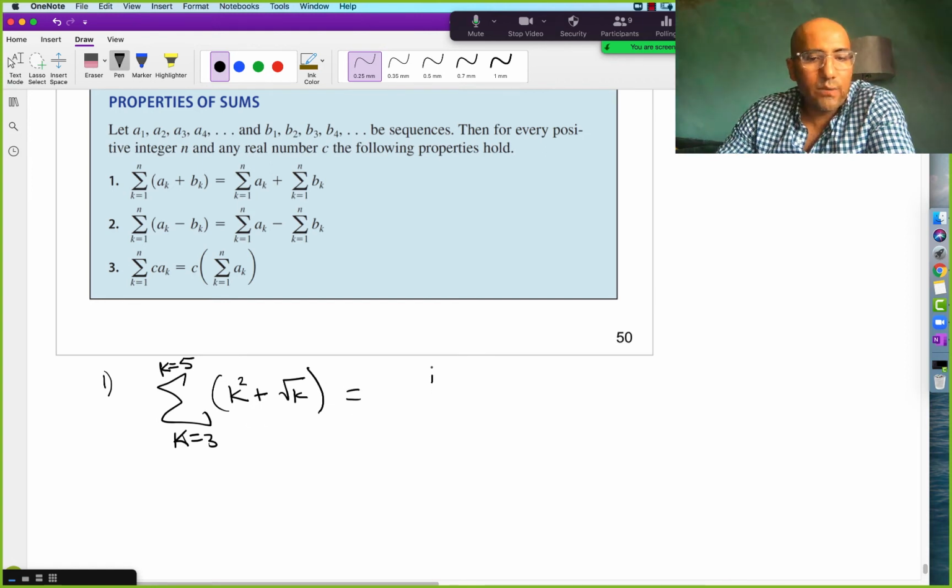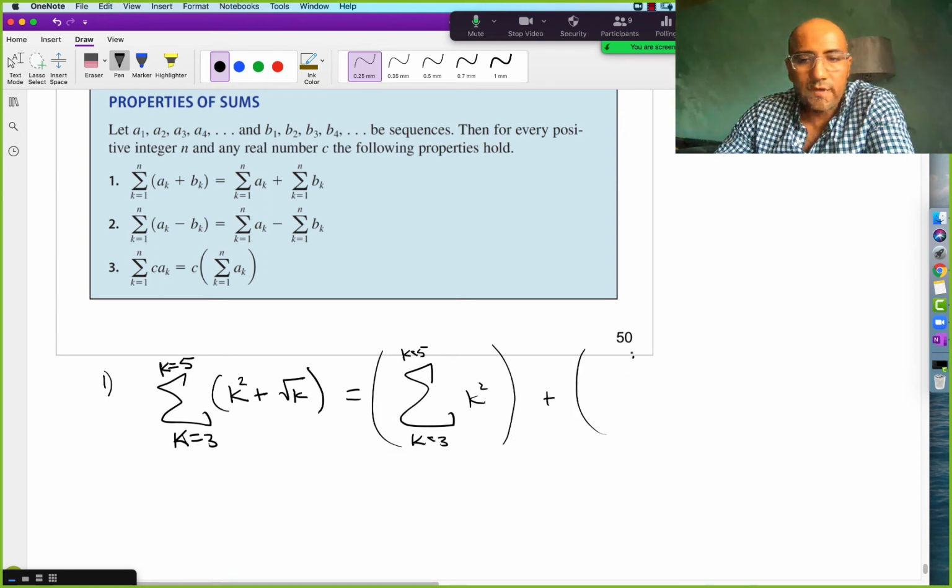This is saying that what you could do is separate this as this one: k squared, so find the answer to this, plus, and then separate from that, the sum from k equals 3 to k equals 5 of the square root of k.